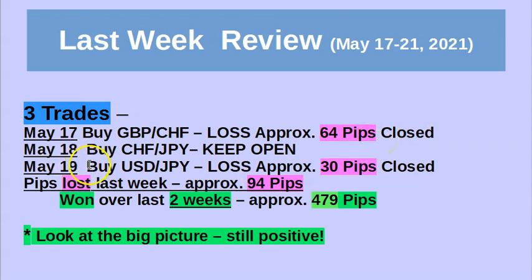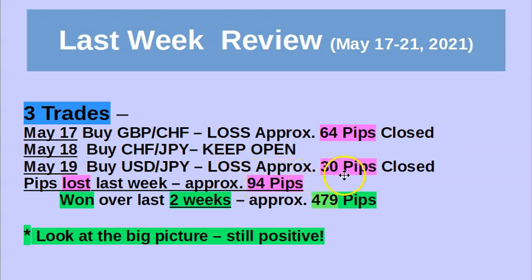On May 18th, I issued another signal, buy Swiss franc JPY, the Japanese yen. It's currently still open, and I'll keep it open for the beginning of this week. I expect this price to go into profit, so let's see what happens, okay? Then on May 19th, I issued another buy signal. It was the buy USD Japanese yen. Again, it was a loss.